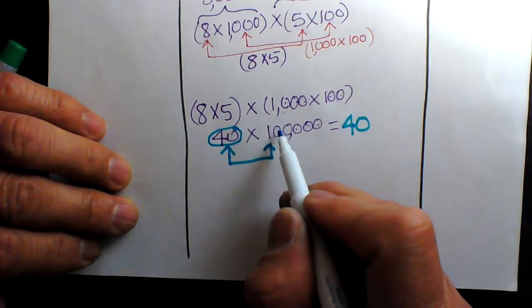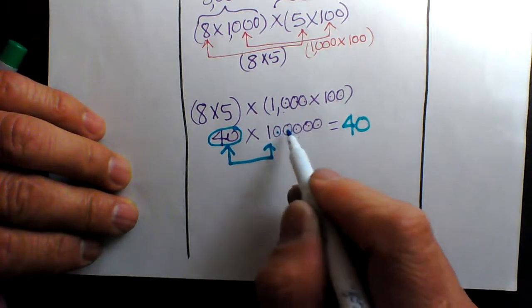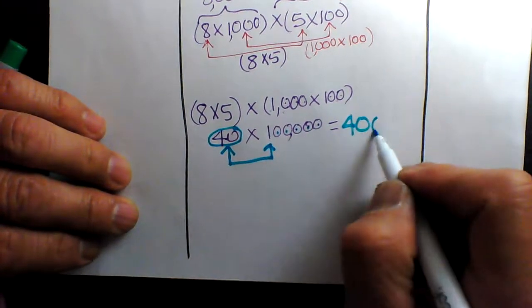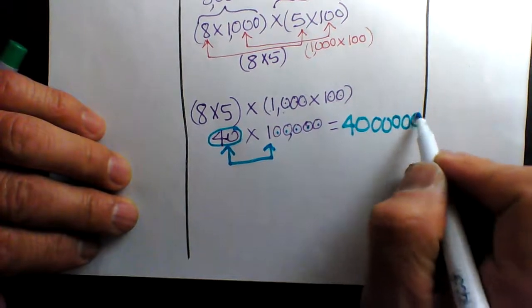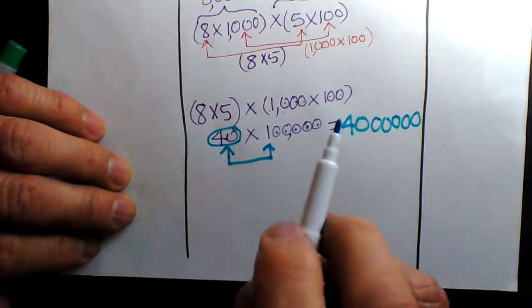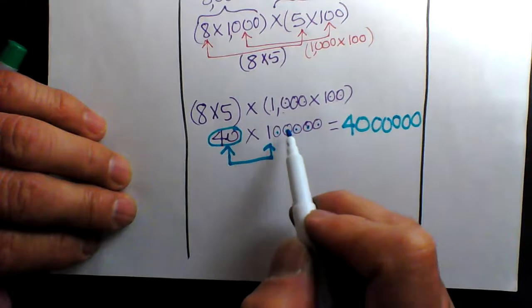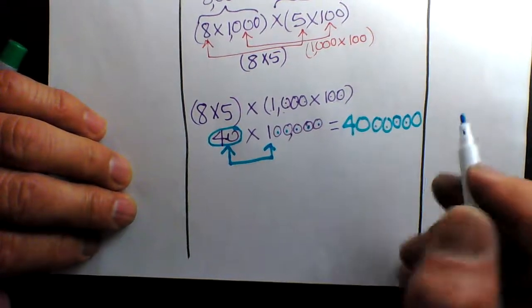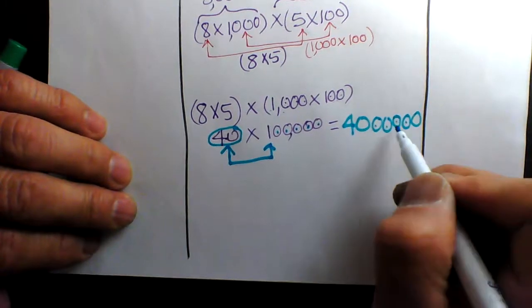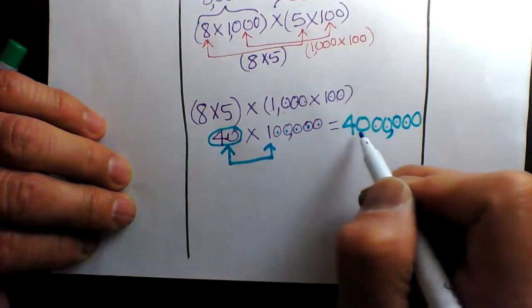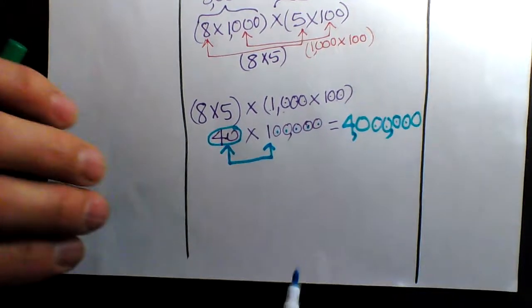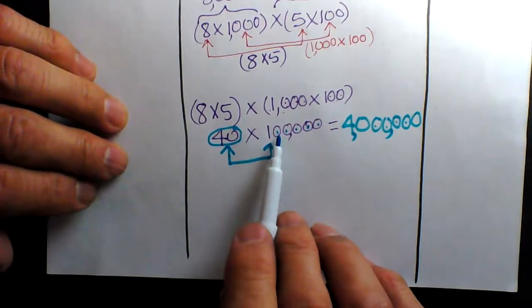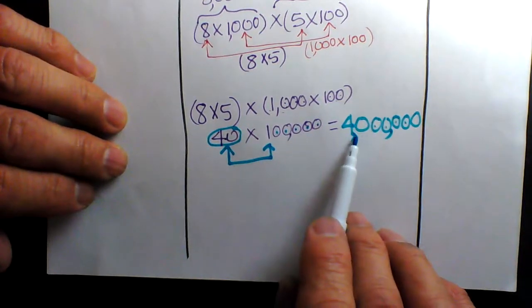Now we're going to count how many more zeros you need on this answer. 1, 2, 3, 4, 5. So I should have how many zeros? 1, 2, 3, 4, 5, 6. Correct. Now we make our periods, and that's going to be 4 million. So 40 times 100,000 equals 4 million.